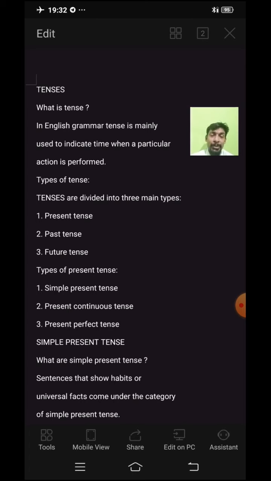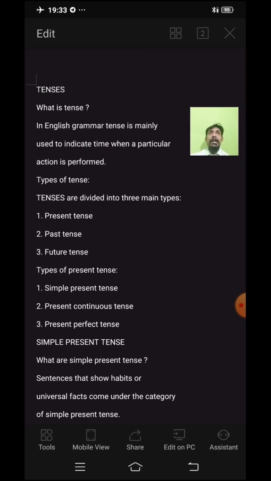The sky is blue. It is a universal fact, my dear students. Lord Rama is a god. The earth revolves around the sun. It is a universal fact which nobody can change. And in order to convey a universal fact type of sentence, we will use simple present tense.